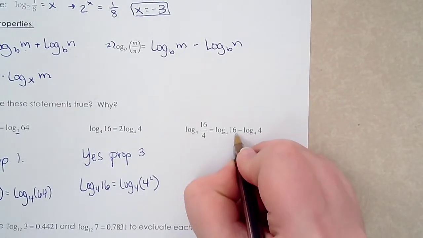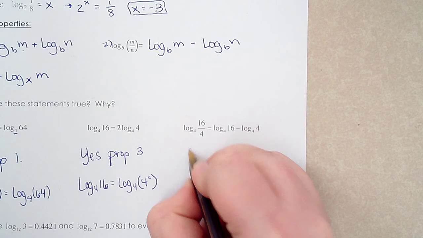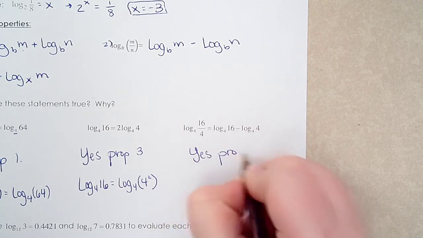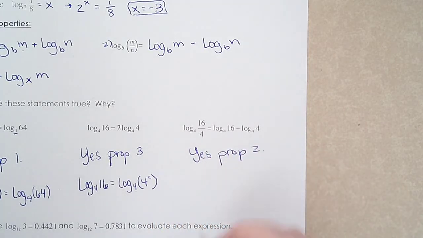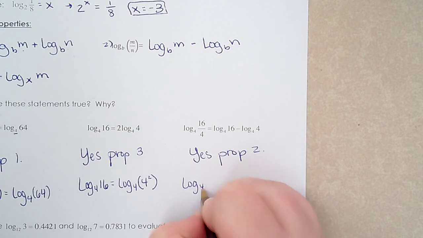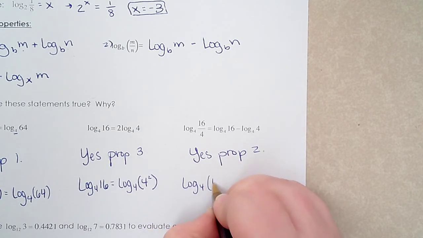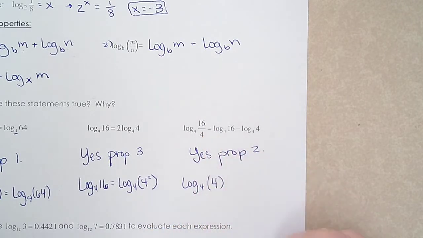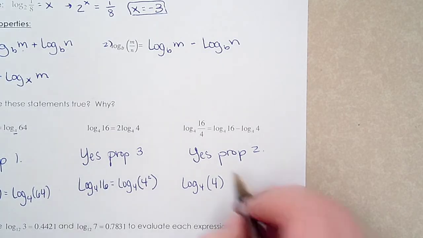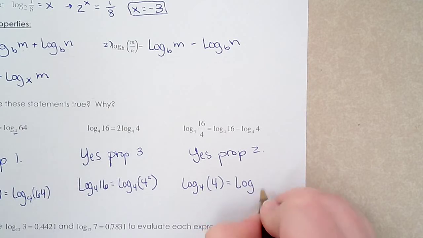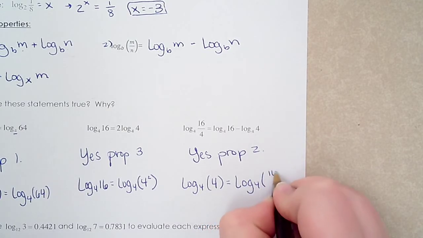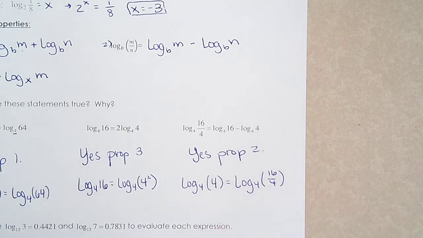All right, and then the last one. This is a subtraction one, so yes by property 2. And I can say log base 4 of 4, because that's all that really is, equal to log base 4 of 16 over 4, or what that left side was originally.